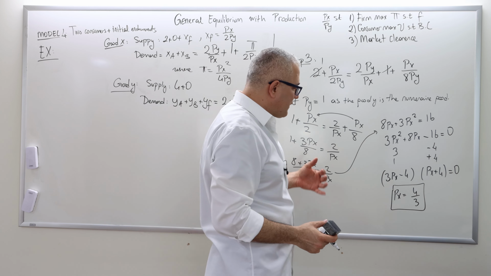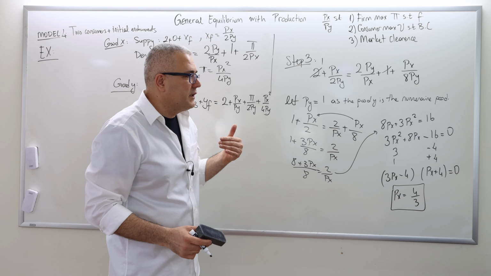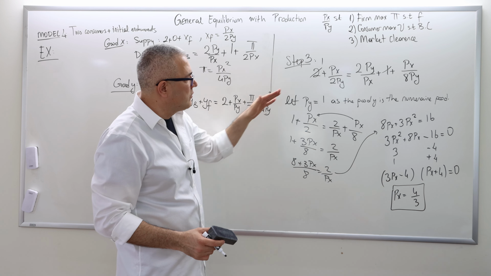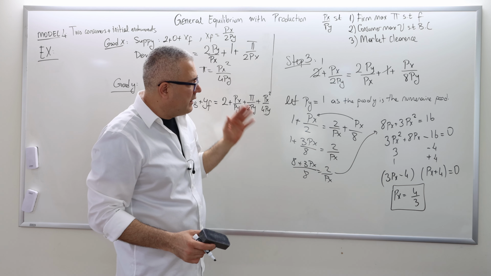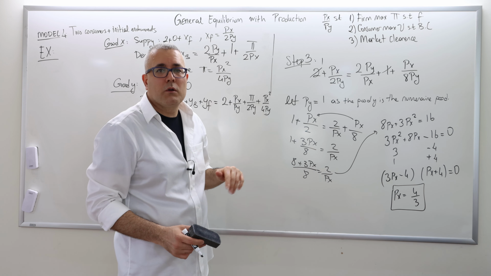A nicer solution would probably be if you just assume PY is equal to 3, therefore, then I'm sure you're going to find PX equals 4. All right? So that's exactly how we solve. If you equate the supply and demand for good Y, again, you should be getting exactly the same thing.